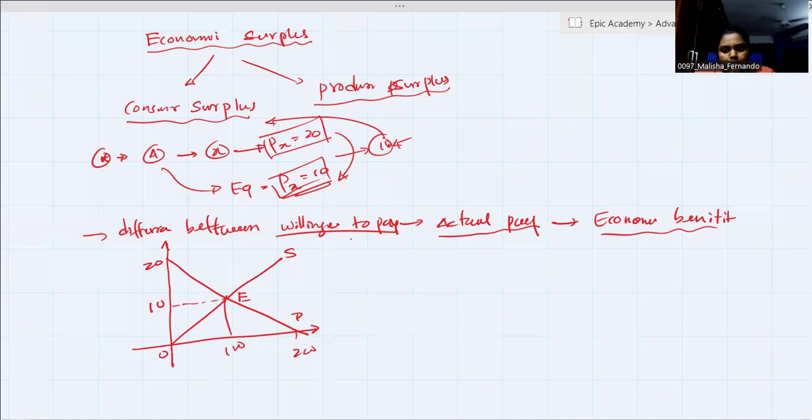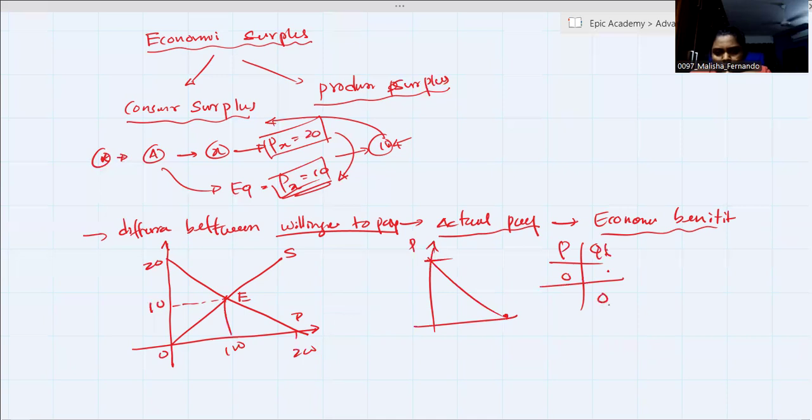Now, on the demand curve, you identify where the demand curve crosses the price axis. For example, when P equals 0, what will happen to QD? And when QD equals 0, what will happen to the price?